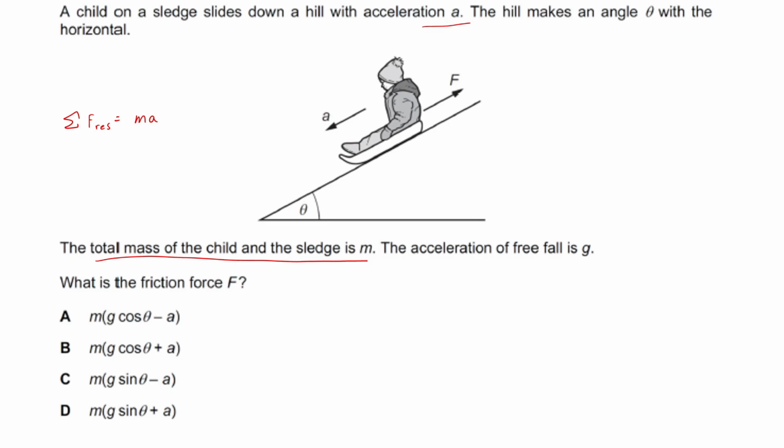So we also have to account for gravity too. So this is going to be gravity, and this is theta. I kind of drew this wonky. This is perpendicular to the slope, and this is the gravity part.